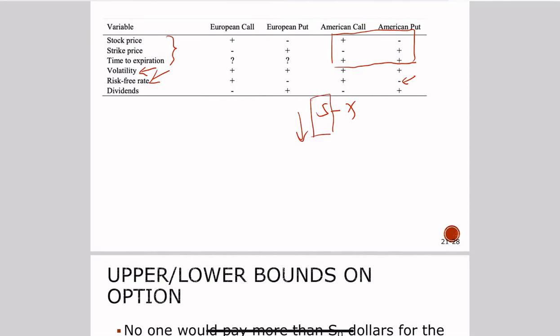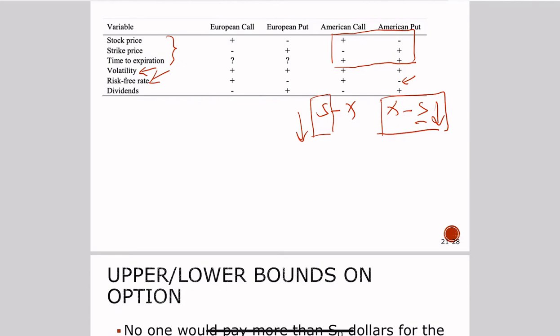So this reduces the profit of your call. So your call will become less valuable. Now the opposite would happen to put, right? Because for a put, the intrinsic value is given by X minus S. That is exercise price minus share price. And if there is a dividend, this means S would be lower, right? So if share price decreases, then the profit from your trade would be higher. So put would become more valuable, right?